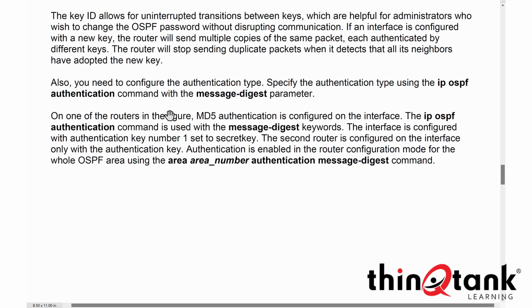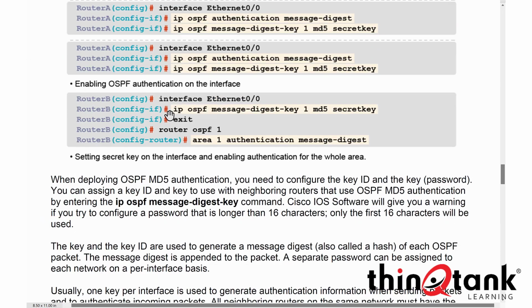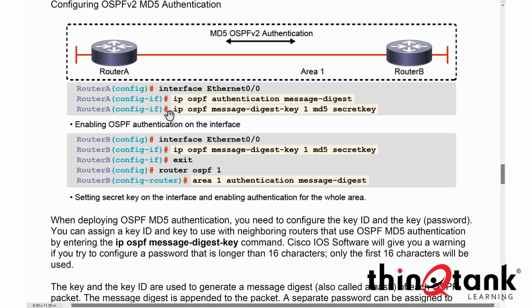All right. And we saw the configuration was relatively basic. Let me go back to it real quick here. We see that under the interface, we are implementing the message digest authentication, and we're specifying the MD5 hashing digest key and secret key. Notice that we can also implement IP or area authentication under the router process as well.